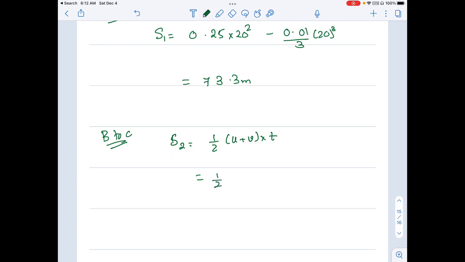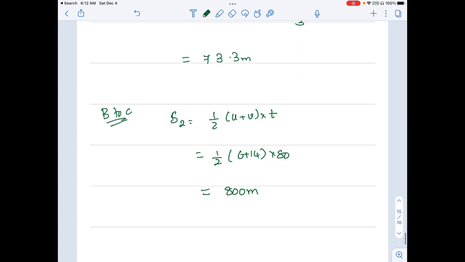So average velocity was 6 plus 14 by 2, times 80 seconds. It should be giving me 10 times 80, which is 800 meters. That is the easiest way, average velocity times time. If you want, you can do many other methods, but the easiest way is average velocity times time.